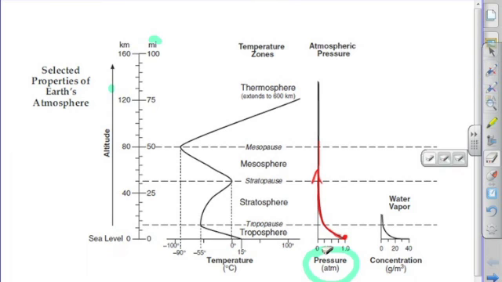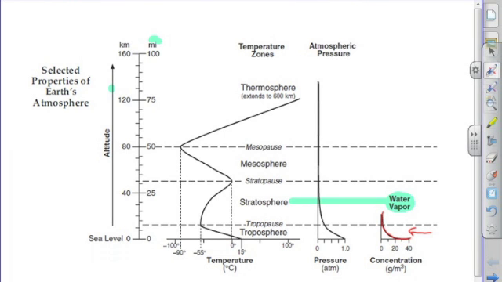Finally, last but not least, we've got the water vapor content. Keep in mind that even though the words water vapor sit here, it looks like they're in the stratosphere. This is really just where they decided to put the title water vapor. The concentration of water vapor is actually plotted along this curve, and you'll see that the overwhelming majority of the water vapor sits in this layer of the atmosphere, which is indeed the troposphere.